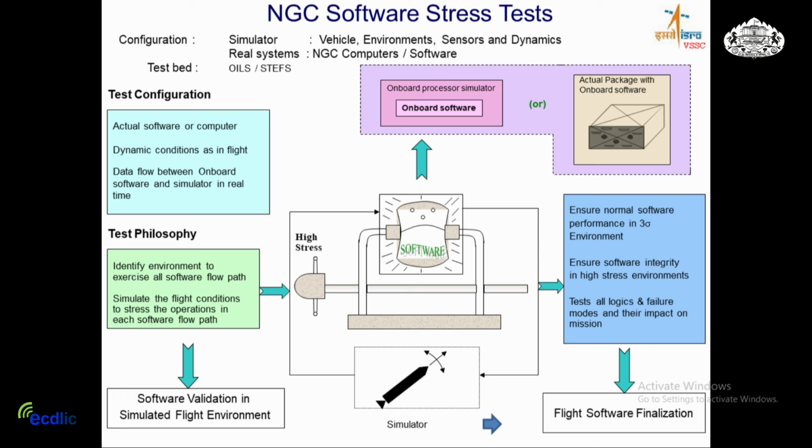It could go to much more than that. Suppose you are expecting some X amount of dispersion, we give 5x disturbance and see whether the onboard software is able to save itself.